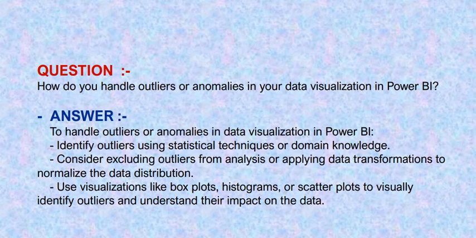Consider excluding outliers from analysis or applying data transformation to normalize the data distribution. Use visualizations like box plots, histogram, or scatter plots to visually identify outliers and understand their impact on the data.